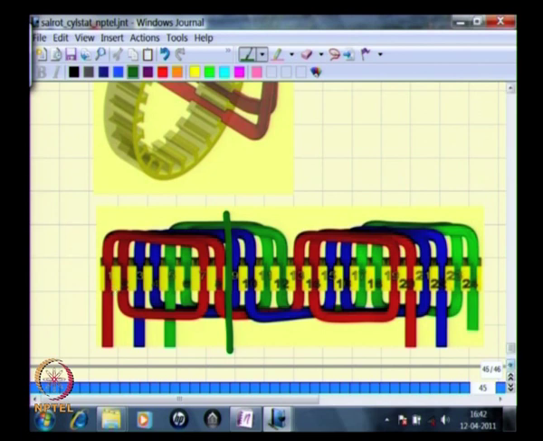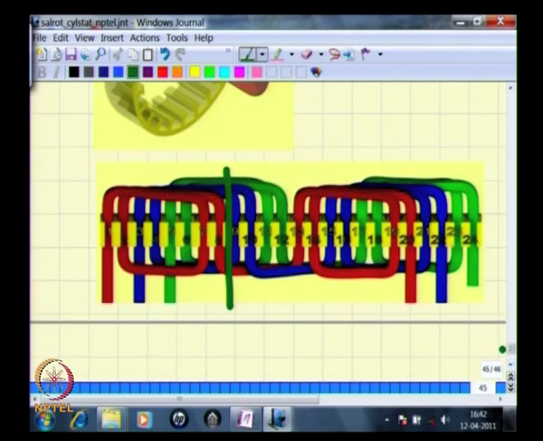Now in this case what we have been seeing so far is that if we plot the MMF distribution of this stator winding, since there is going to be flow of current in this, the flow of current in this bar, let us say, is going in to this, and then this current goes along this bar. Here also you have current flowing in, and here you have current flowing out, here you have current flowing out.